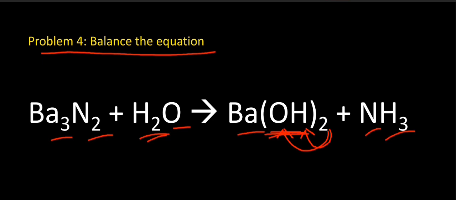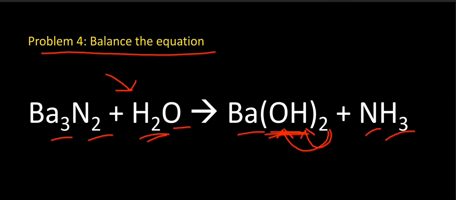So at first let's look at the hydrogen atoms at the hydroxide. As there are hydrogen and oxygen in the hydroxide, we'll at first look at the hydrogen and oxygen atoms. And on the reactant side we have hydrogen and oxygen in the H2O, or water.